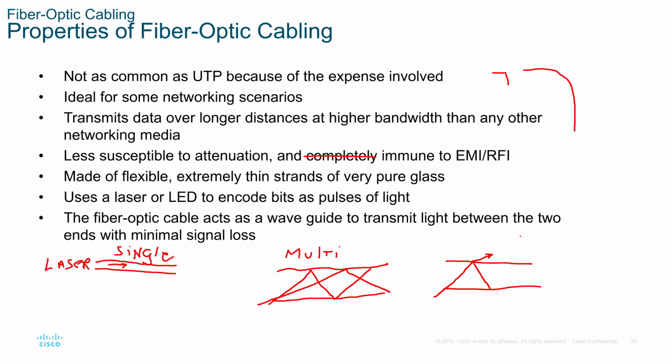In that if we come in at too steep of an angle, we lose some of the light out through the cladding of the cable. The only way to prevent this is to have an absolutely straight cable, and that never happens.